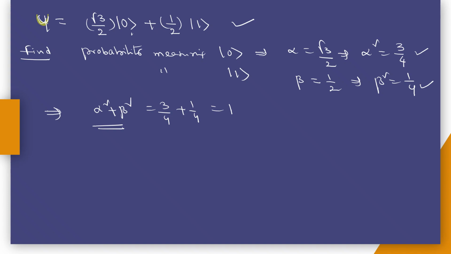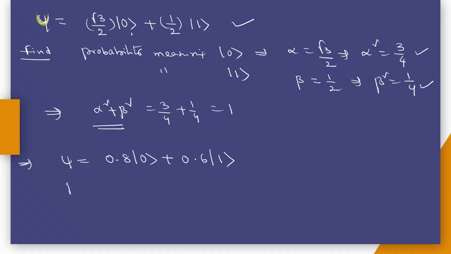Another problem. A qubit psi is 0.8 state 0 plus 0.6 state 1.